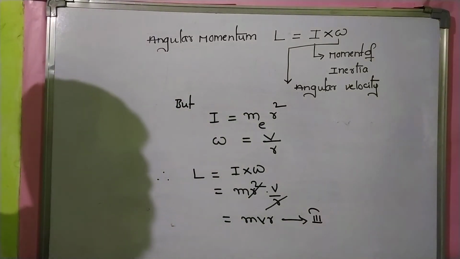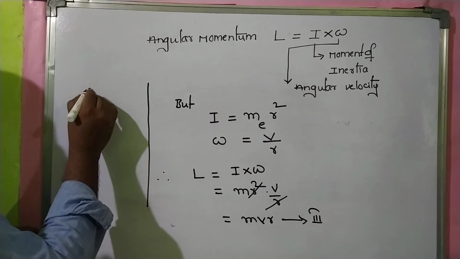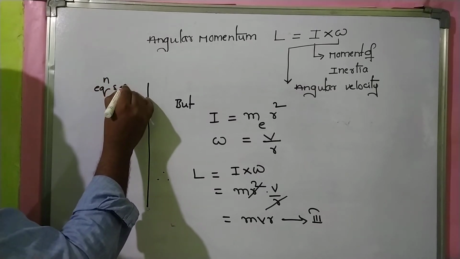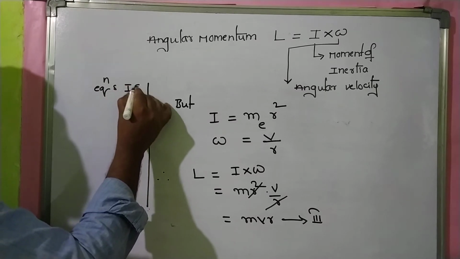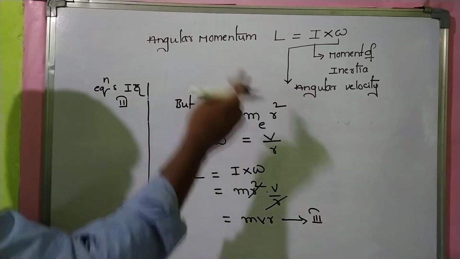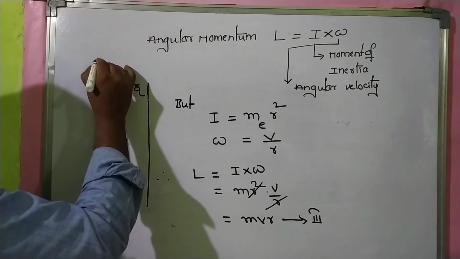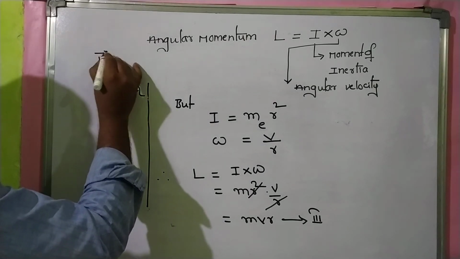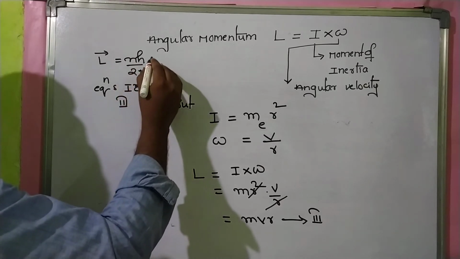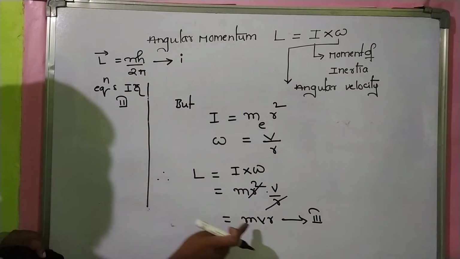From equations 1 and 3, what is the first equation? L bar equal to nh by 2 pi. Once again I recall the first equation, and this is the third equation.